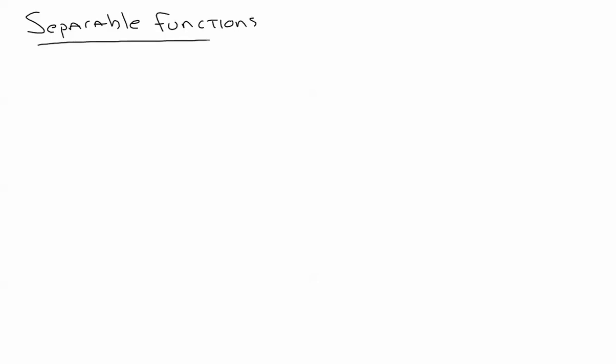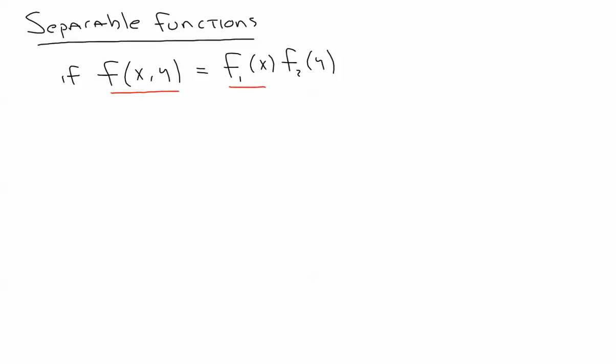If I have a function, not necessarily a probability density function, just any function of two variables, and I can write this function as f1 evaluated only at x and another function that's a function of only y, if I can separate the variables into two functions which multiply one another, if this function of two variables can be written as the product of functions of one variable, then f of x, y is said to be separable.